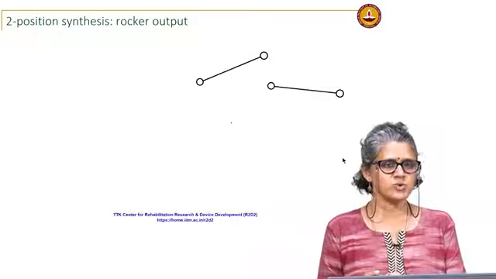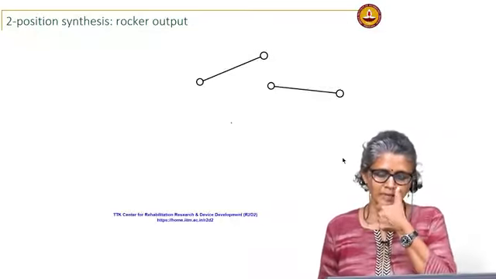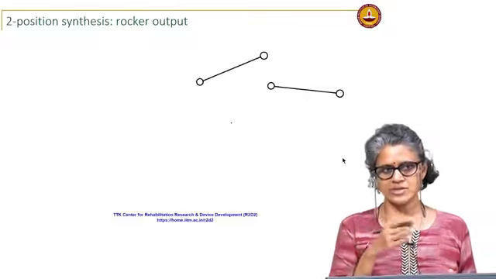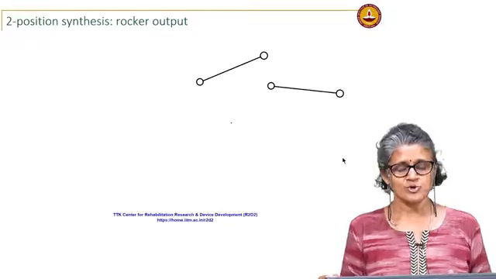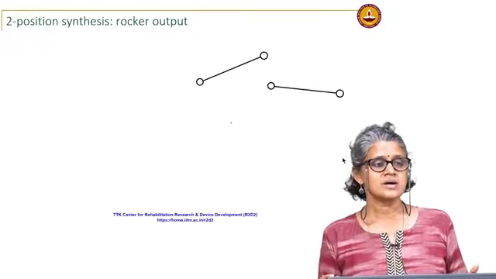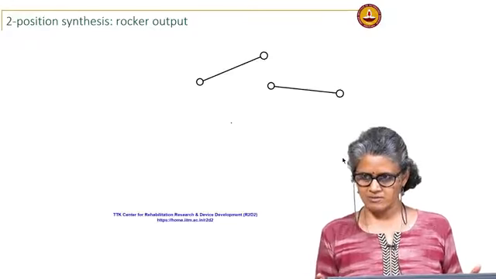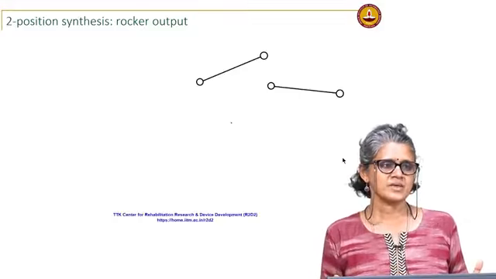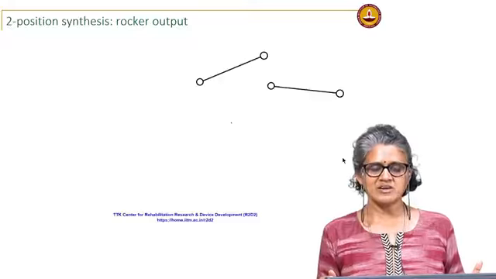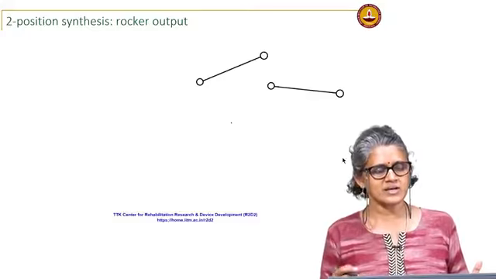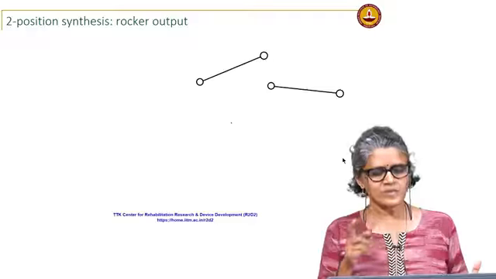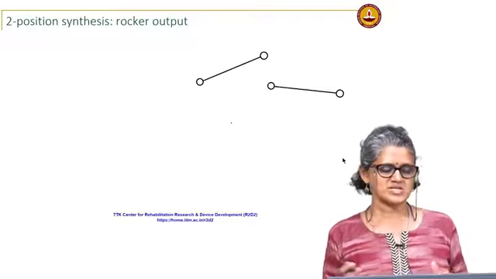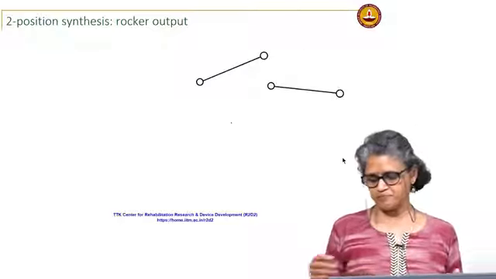If you can use the pole for synthesis, then you could use that as a rocker output. The 2 position motion generation problem can be converted to essentially a rocker output problem, and then you can design the driver dyad, or the crank and the connecting rod, in order to enable that to move between these 2 limit positions. So, that is what we looked at last time.